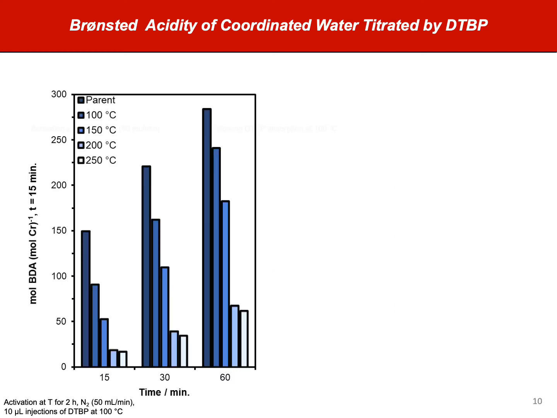Not only that, but also the catalytic performance can be related to the area of the peak corresponding to water in the infrared spectra. What we see here is that at different times, 15, 30, and 60 minutes, the net turnover number decreases monotonically with increasing treatment temperature.